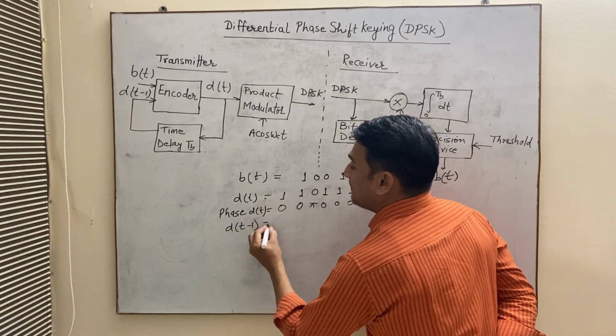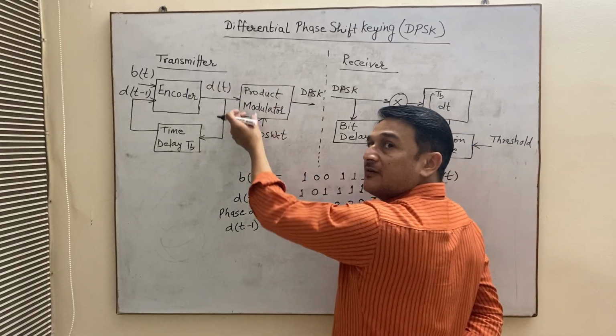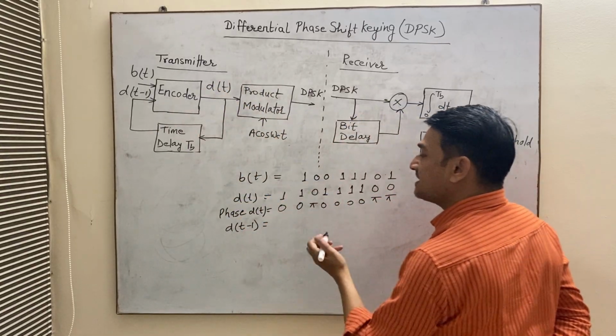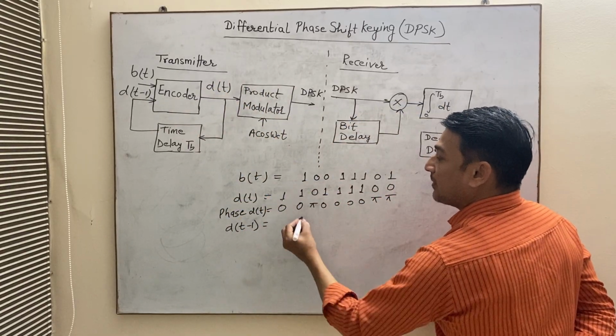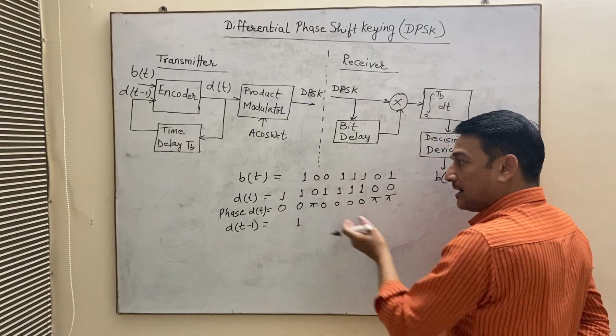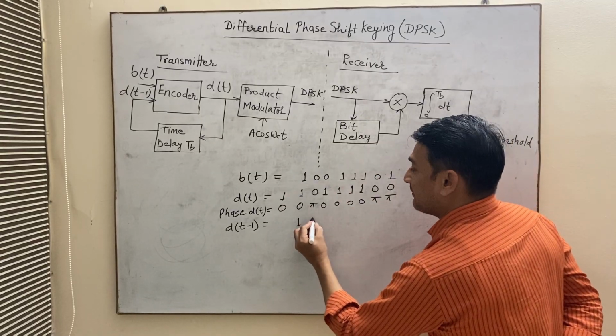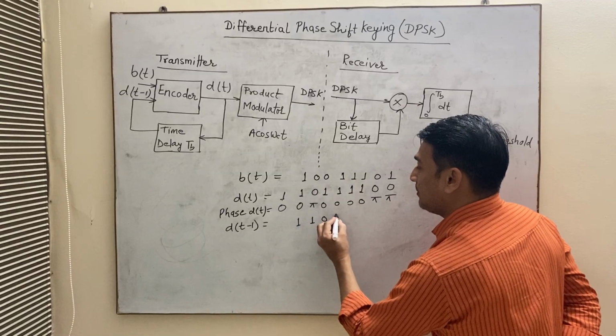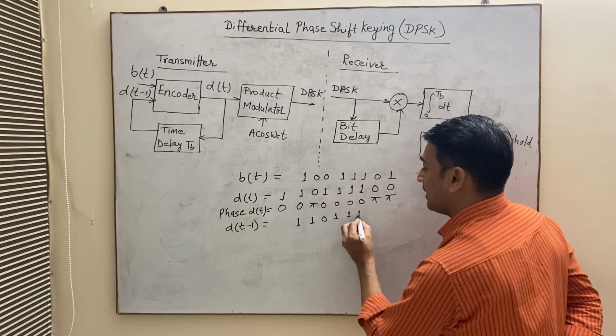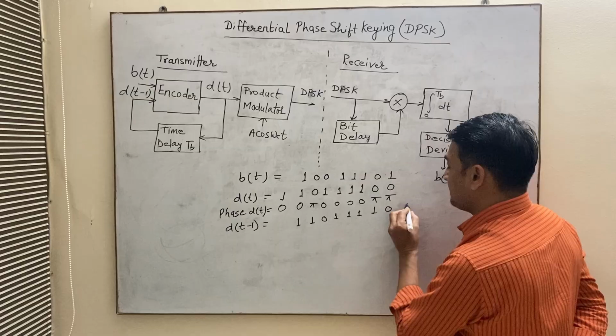Now going to dt minus 1. That means we are giving a 1 bit delay to this bit sequence dt. So this bit 1 will come here, and accordingly every bit will shift to its next position. So it will become 1 1 0 1 1 1 1 0 and 0.